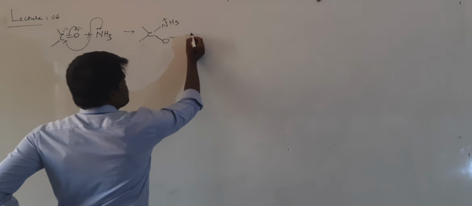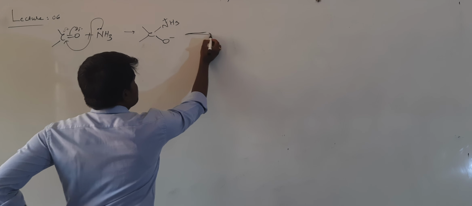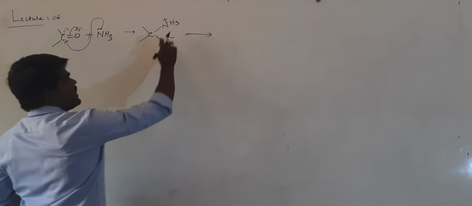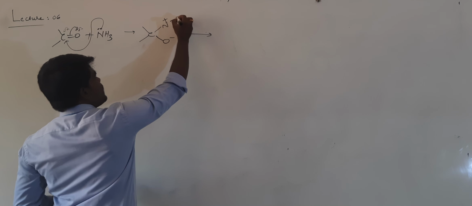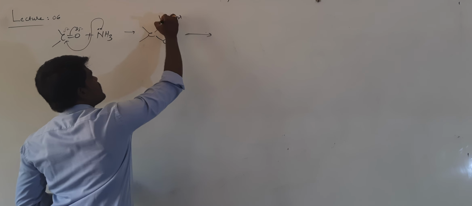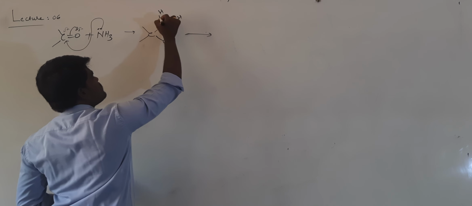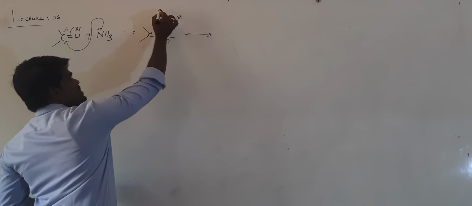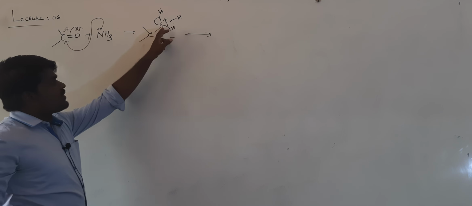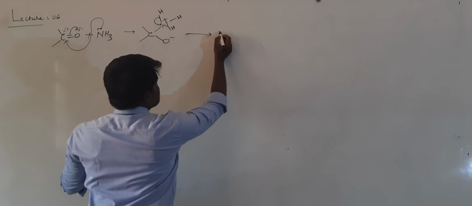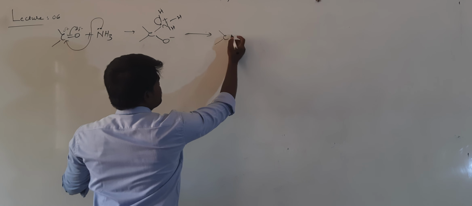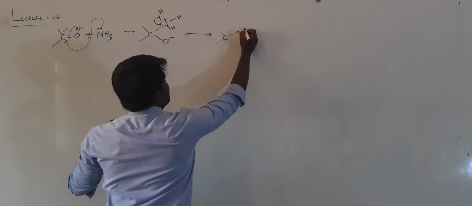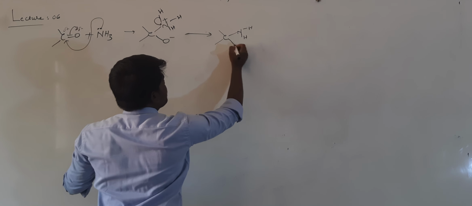Now in the process of nullifying this positive charge, one of the hydrogens is shifted over from nitrogen to oxygen in the form of H plus. By that it will be converted into NH2 and OH.